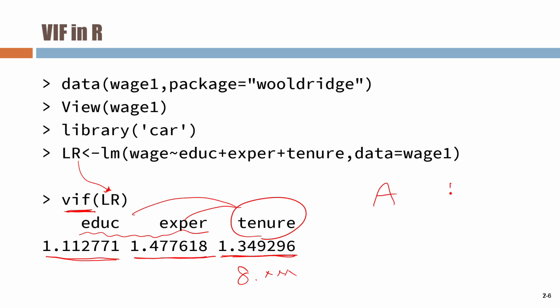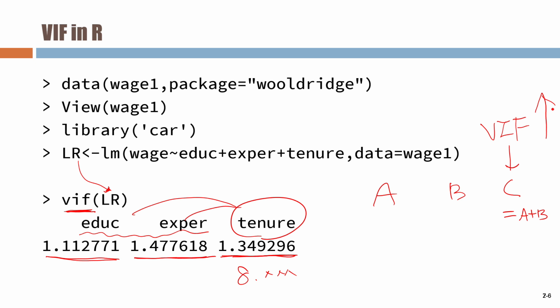Sometimes it's like this. We have variables a, b, c, but c is the same as a plus b, right? So c is not perfectly correlated with a, and c is not perfectly correlated with b, but c is actually the same value as a plus b. In that case, you will have a pretty high correlation here, and the VIF will be really high.